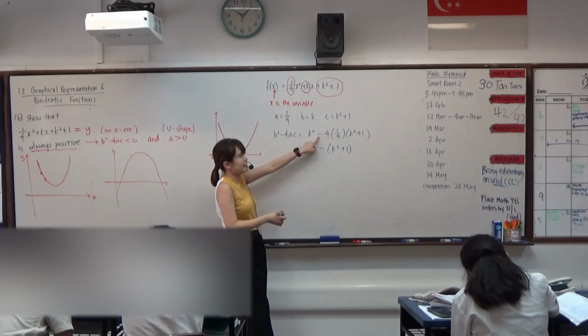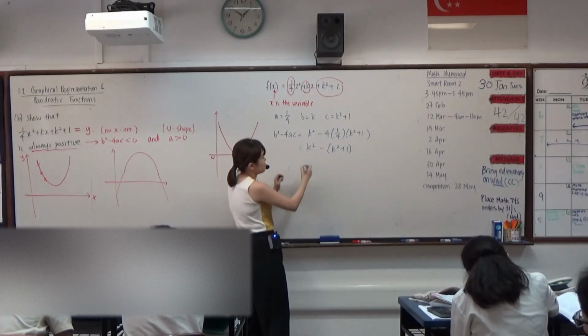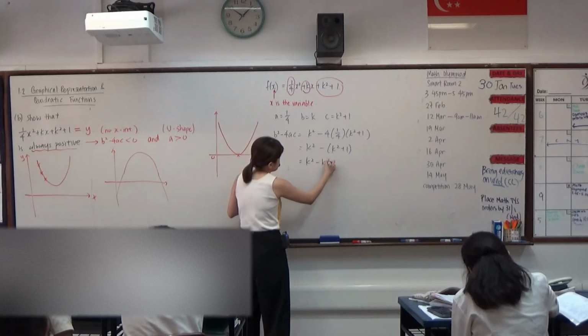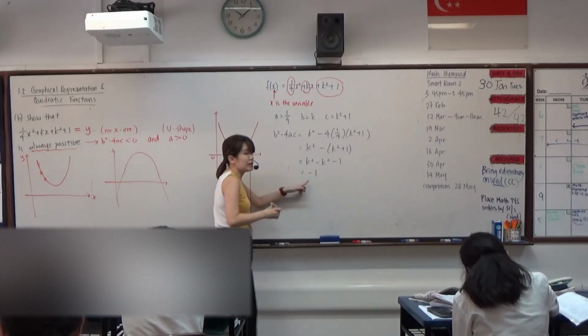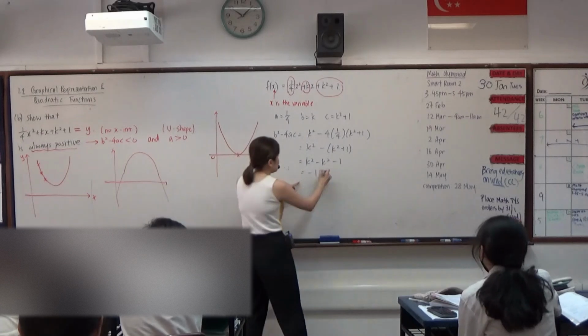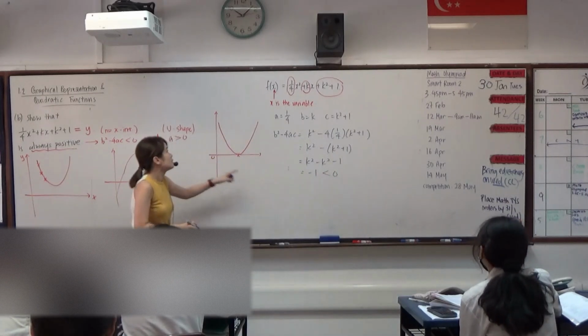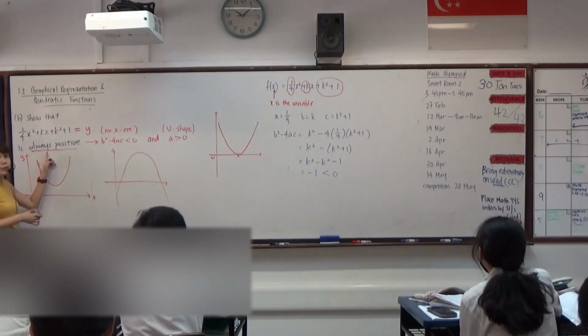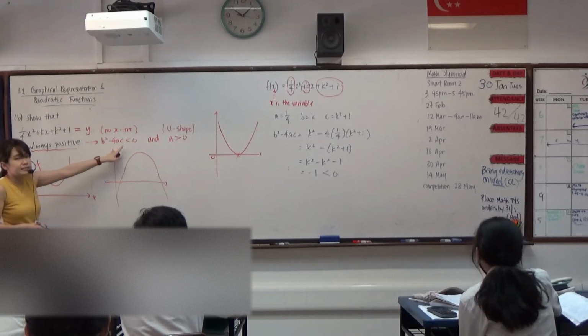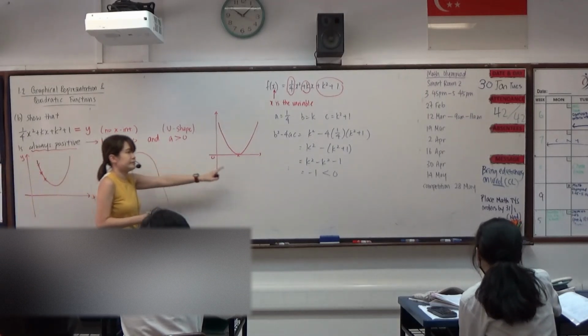So don't put it down here, minus. There is still a set of brackets, which simplifies to this. So in the end you get minus 1, which is expected, because the question wants you to show that it is always positive. If you don't get less than 0, that means something is not right.